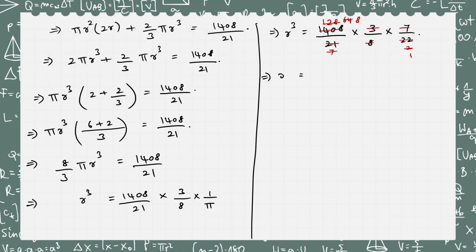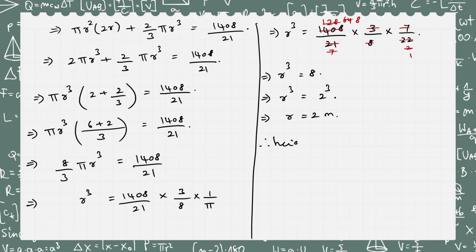So that implies r cube equal to 8. That implies r cube equal to 2 cube, right? Because 8 is 2 cube. That implies r is equal to 2. And every unit is given in meter. So 2 meter is the radius of the hemisphere as well as the cylinder. But what they are asking is the height of the cylindrical part, right?